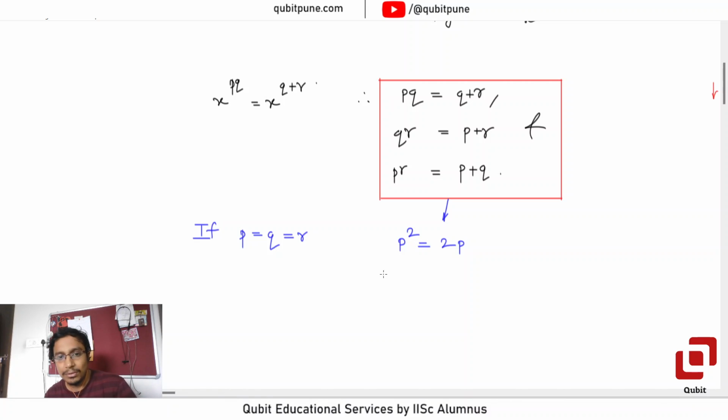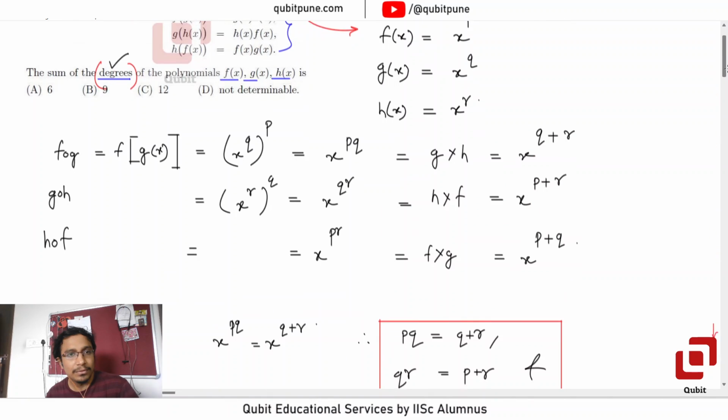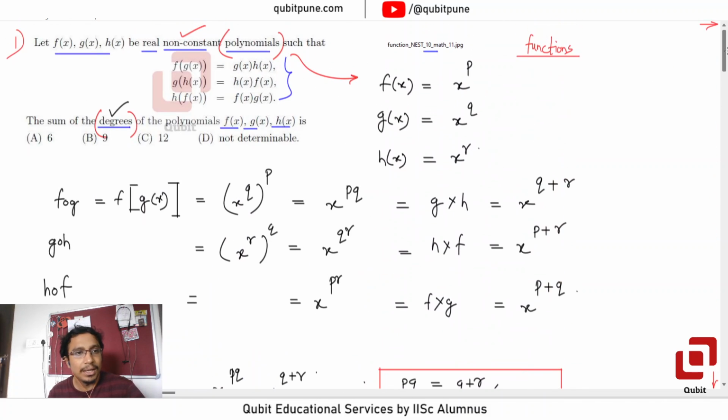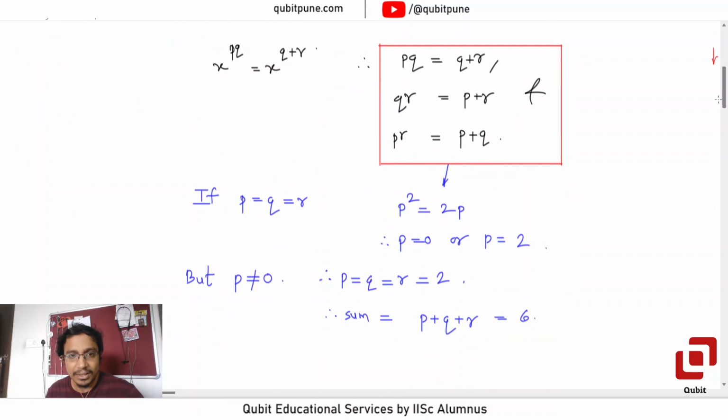Yes, sir. So either p will be 0 or p will be 2, but p can't be 0. So the sum will be 6, and that option is A. Any doubt in this particular step?